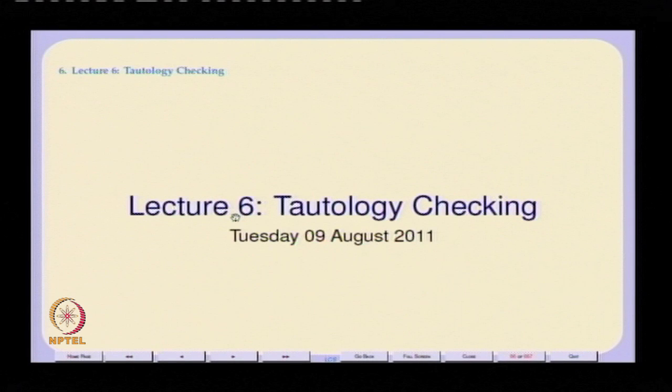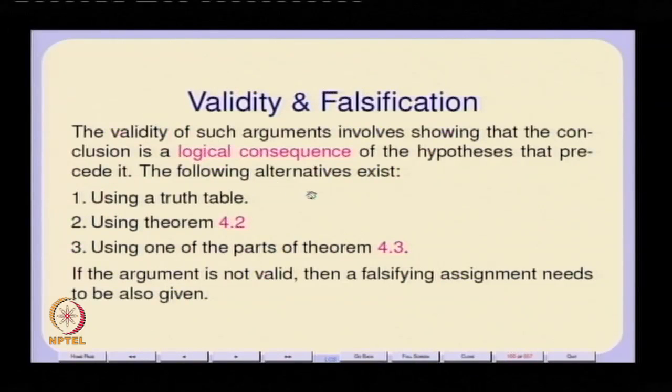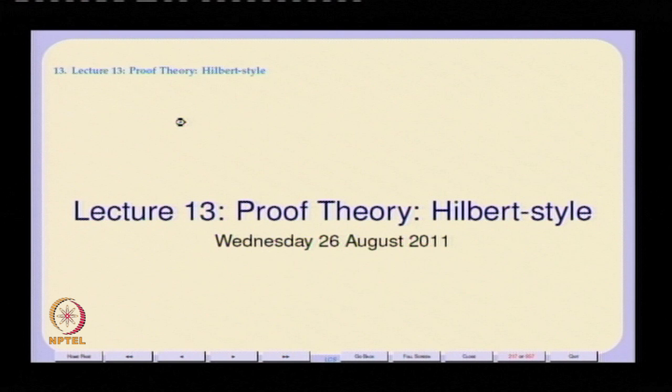Then we also gave an algorithm for checking tautologies, and we used this tautology checking also to validate or falsify arguments, right. And we showed that there were several techniques. You could use truth tables, you could use various other logical consequence mechanisms. We could also use proof theoretic mechanisms, which is what we did in our Hilbert style proof system.